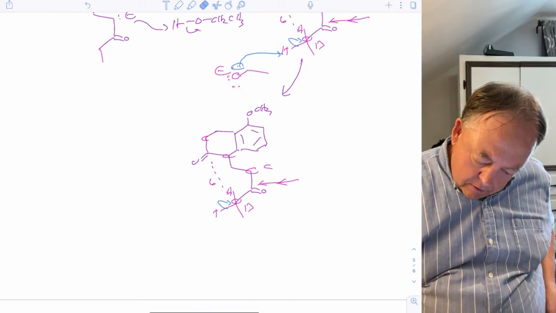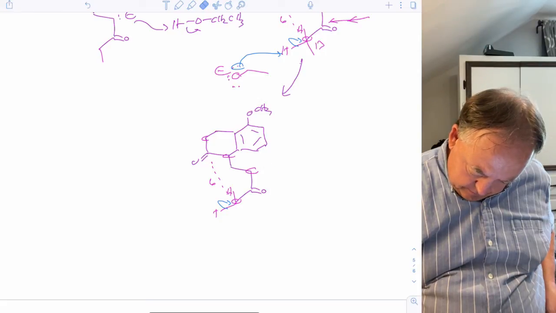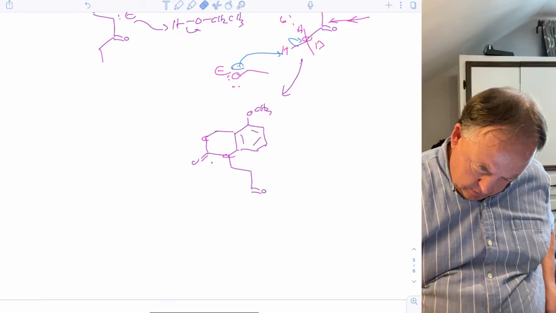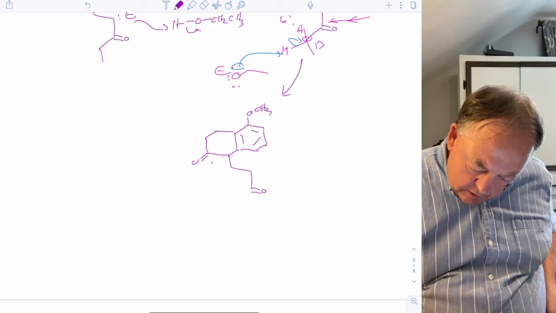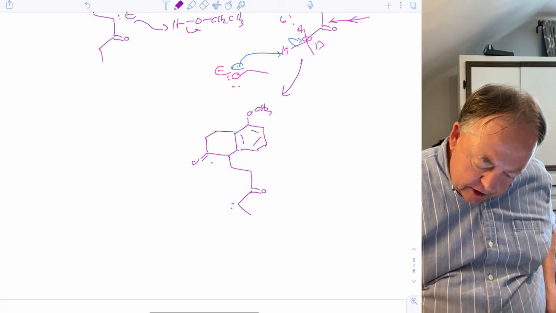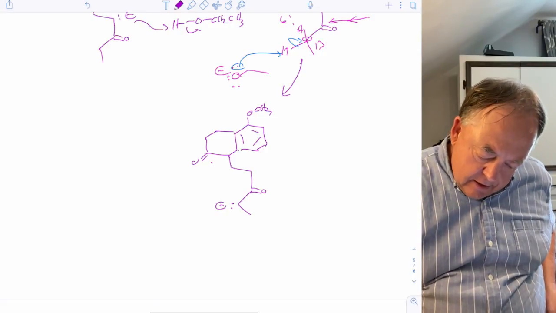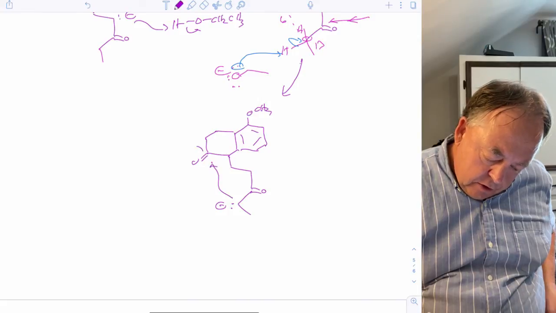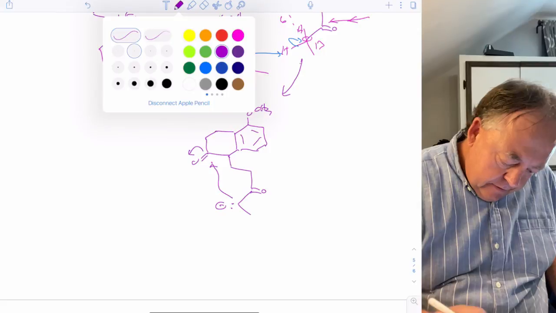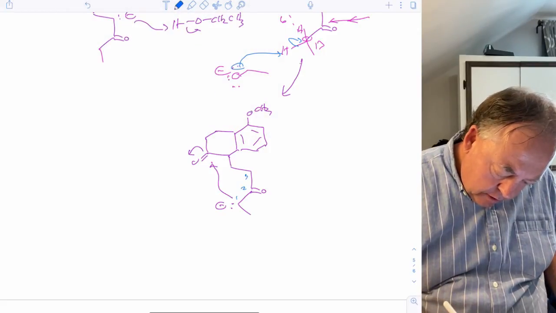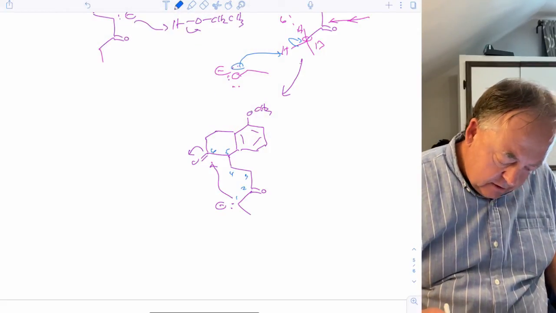Let's clean this up a little bit. Okay, so we took a hydrogen off of there, so now the enolate is there. Now this is going to close here into a 6-membered ring, so that's an intramolecular aldol. So let's number. So 1, 2, 3, 4, 5, and 6.